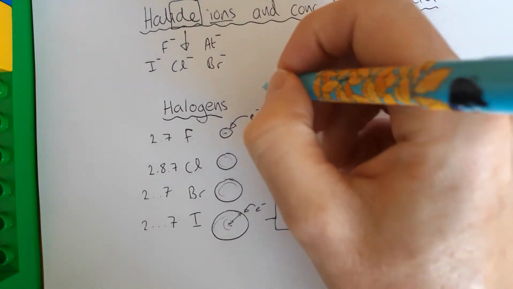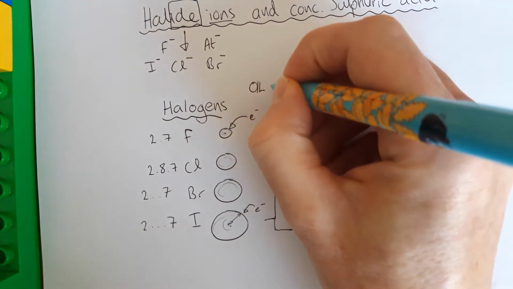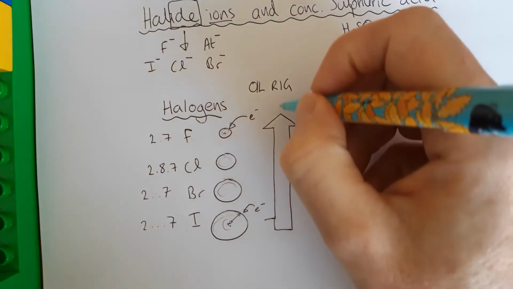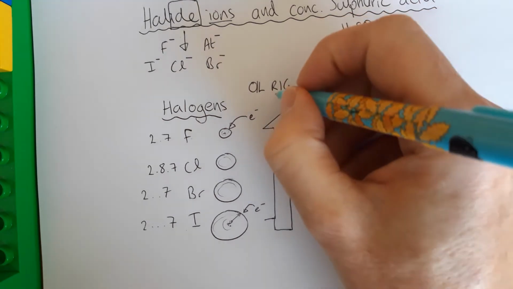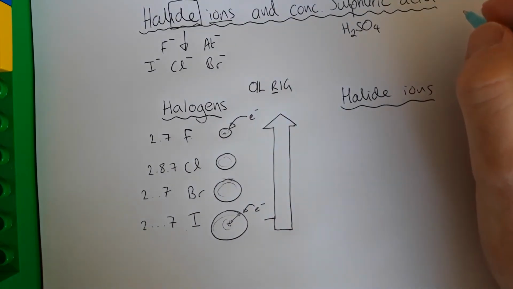We know that oxidation is loss and reduction is gain. So as you go up the group, they are reduced more easily. Oxidizing agents get reduced.